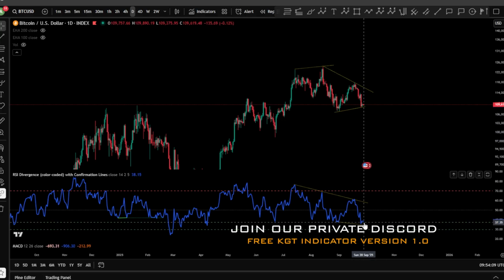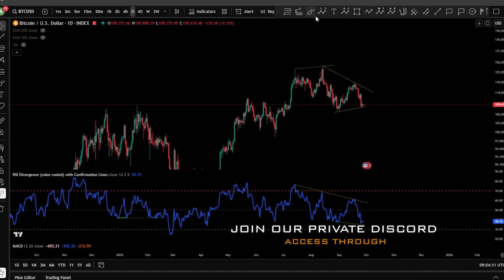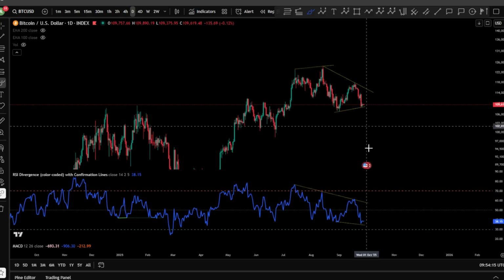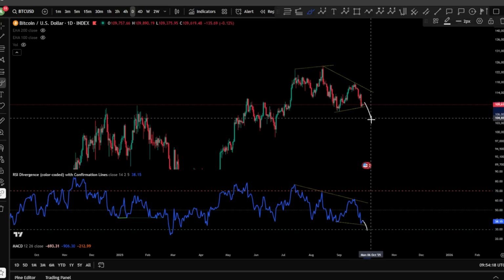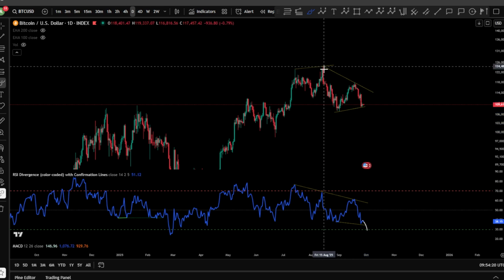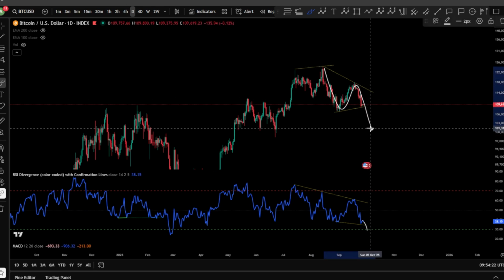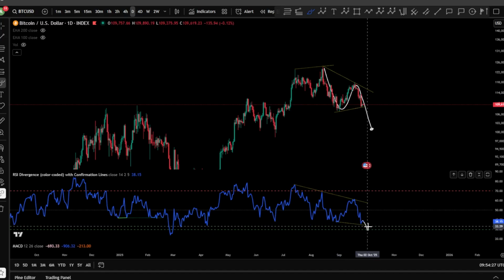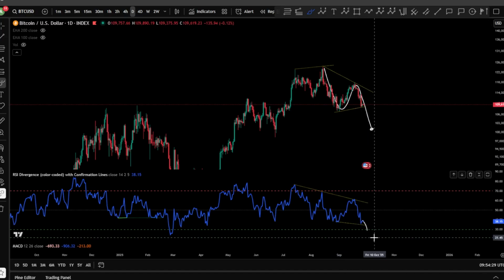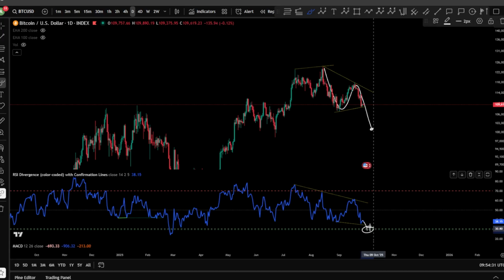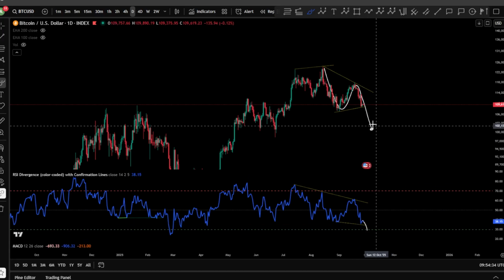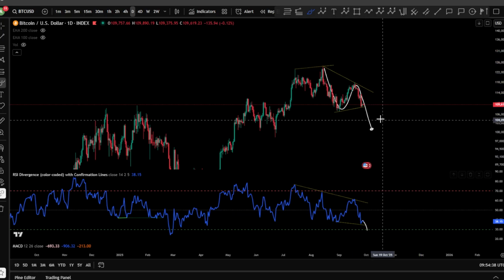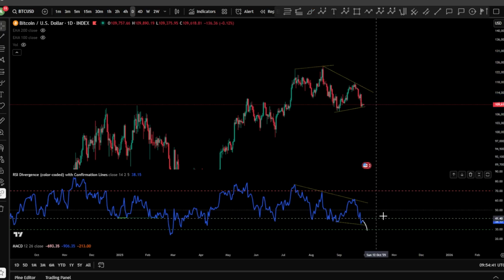But I believe that the daily RSI might still hit the low or the oversold area. And I think by hitting the oversold area, we might still see lower prices. I'm expecting to finish the ABC here, at least the scenario that I mentioned as per Elliott wave. And regarding the RSI on the daily, I still see very clearly that it might hit the oversold area and having an ABC, and then potentially moving for our bullish scenario, which I just mentioned at the start of this video.